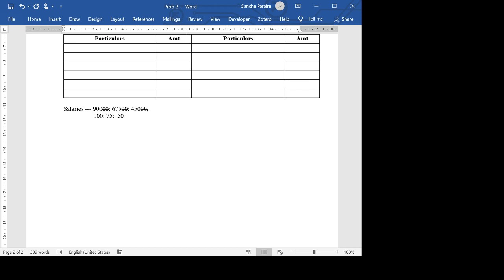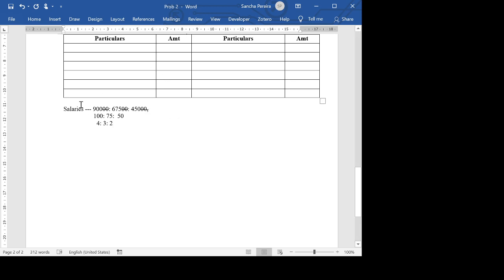This can be divided still further. You will have it as 25. So 25 fours are 100, 25 threes are 75, and 25 twos are 50. So basically our ratio of sales is 4 is to 3 is to 2.